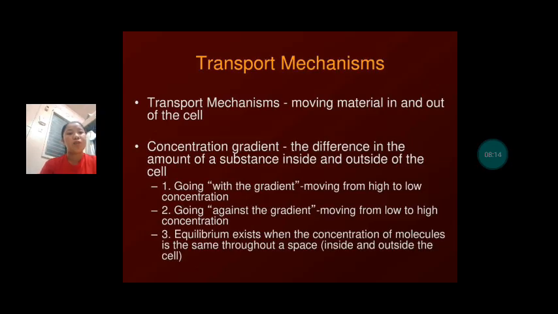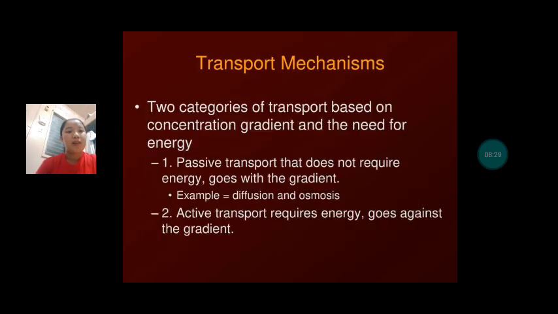Going with the gradient means moving from high to low concentration; going against the gradient means moving from low to high concentration. Equilibrium exists when the concentration of molecules is the same throughout a space, inside and outside the cells.